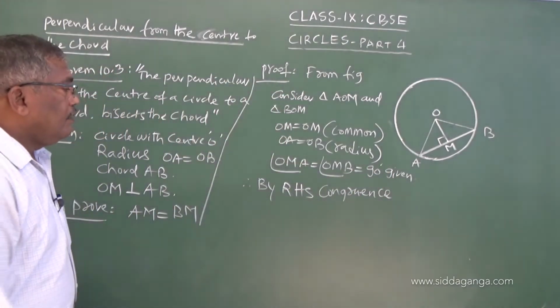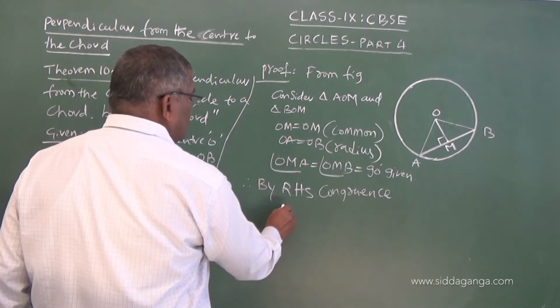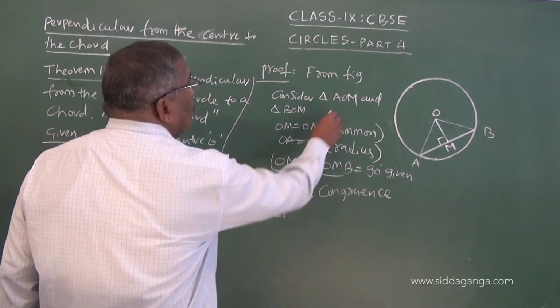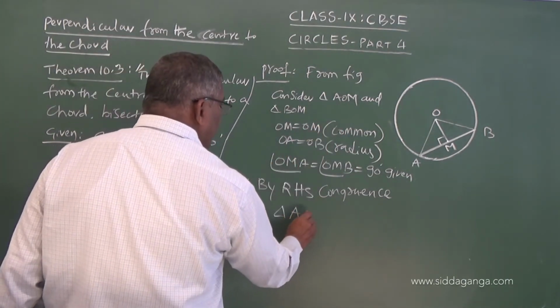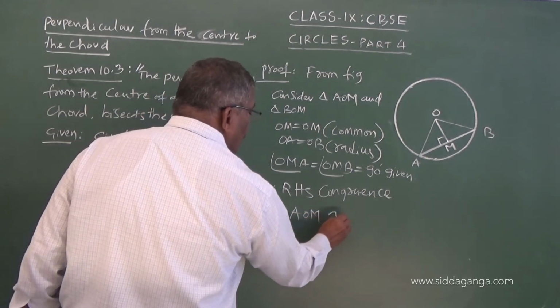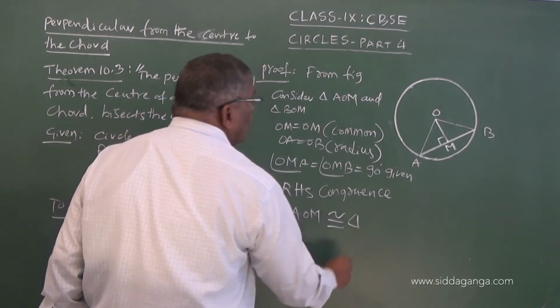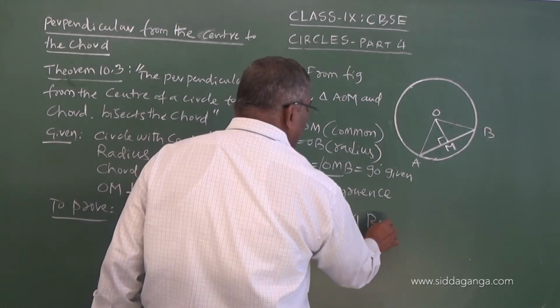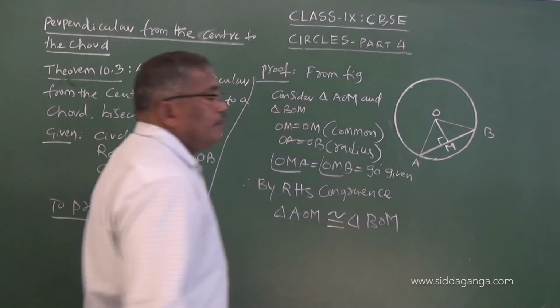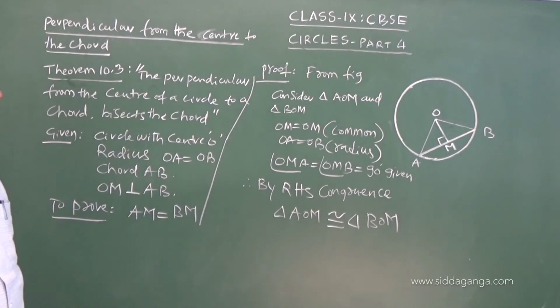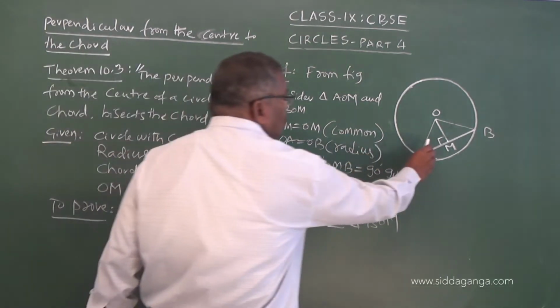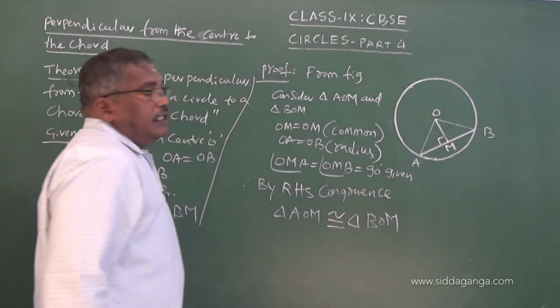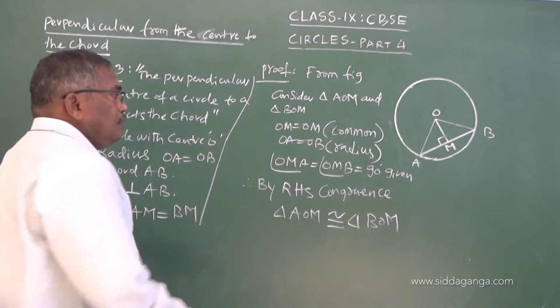We have triangle AOM congruent to triangle BOM. So when these two are congruent, AM must be equal to MB by CPCT.